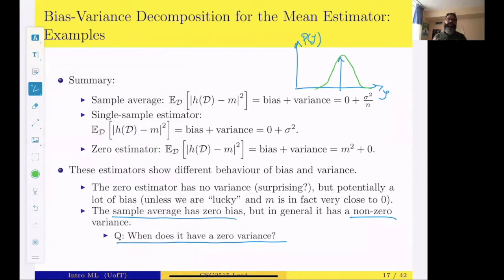If there is no stochasticity in the samples, we don't need many data points. Only one data point is enough to know the truth. But that's mostly just an exception.